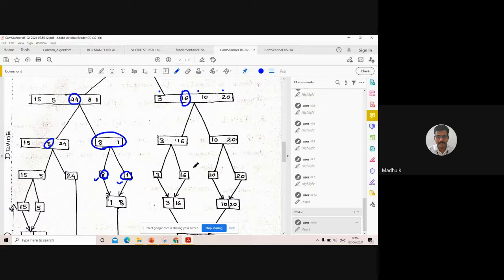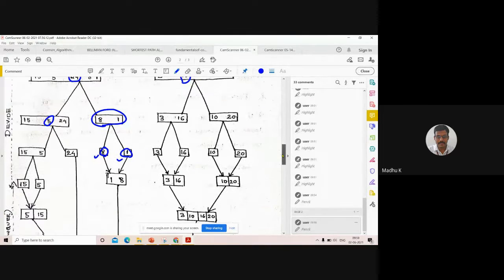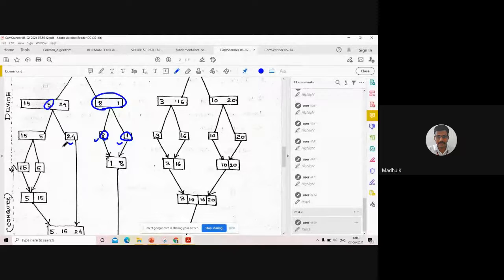Similarly, this is 24. Further division is not possible. Now, similarly, we will divide this 15 and 5.